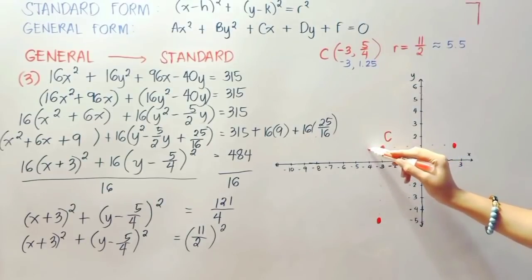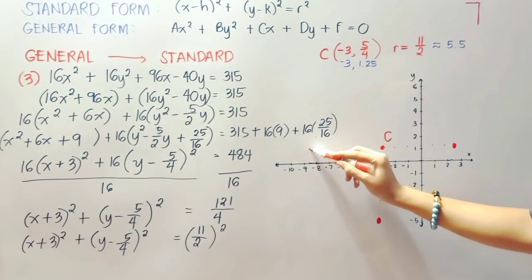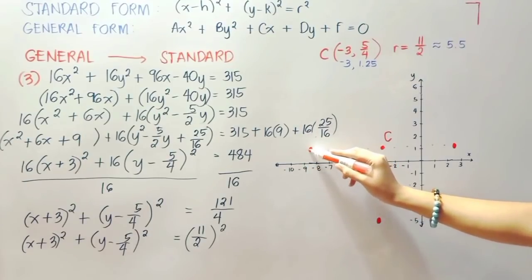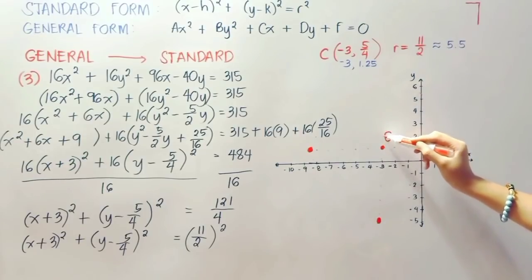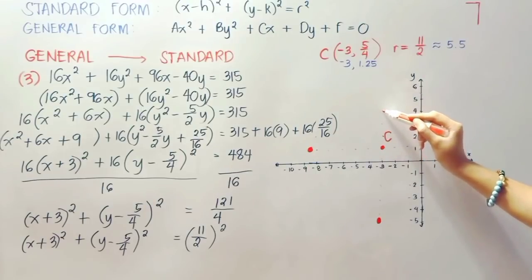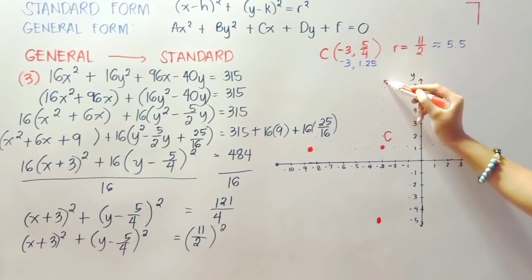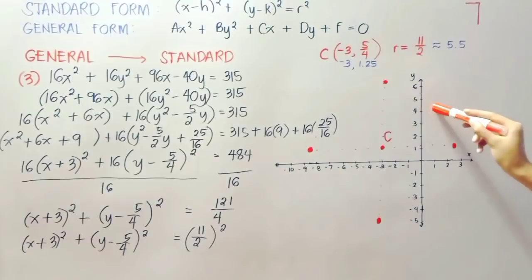And 1, 2, 3, 4, 5.5. So that's (negative 8.5, 1.25). And the last one, we have 1, 2, 3, 4, 5. So that is (negative 3, 6.75).